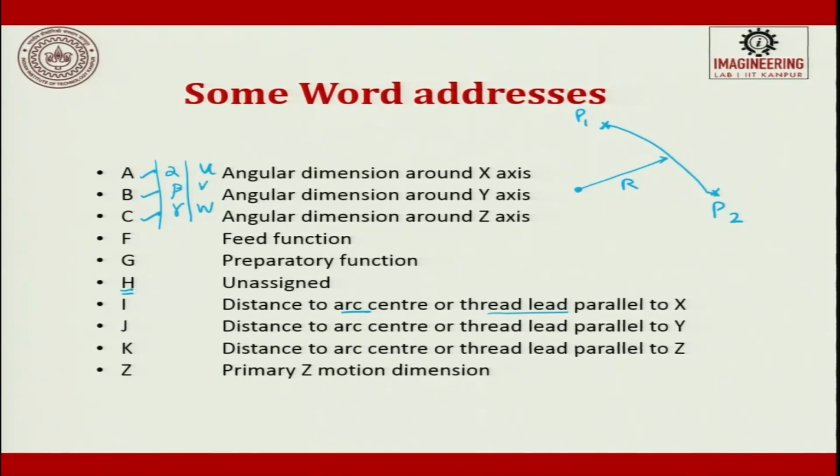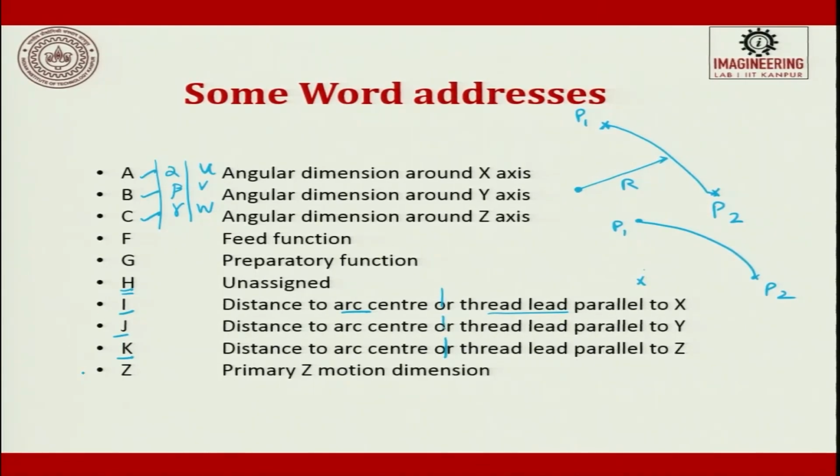This is one way of doing. The other way of doing it is you say P1, P2, what is the offset in x axis, what is the offset in y axis. Okay. So, then what happens, I try to use I as an offset in x, J as an offset in y and K as an offset in z. This is one way of using IJK.